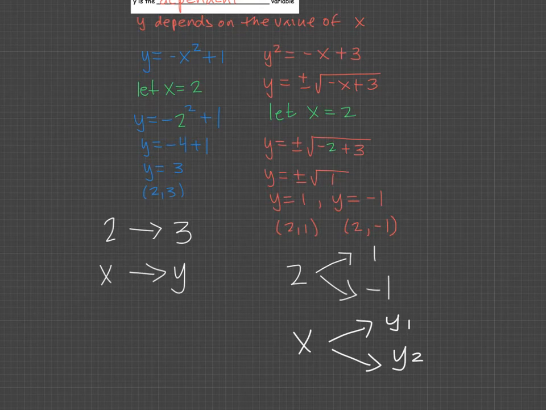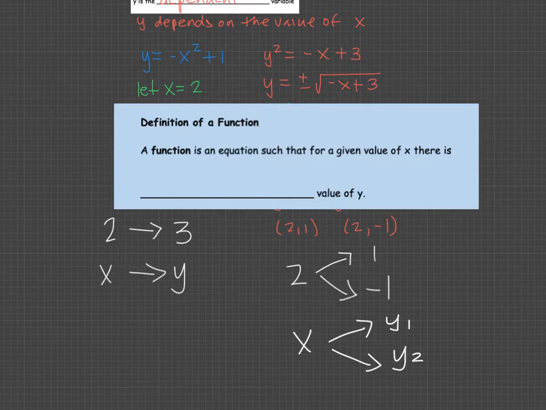Okay, this brings us to the definition of a function. A function is an equation in x and y such that for a given value of x, there is only one value of y.